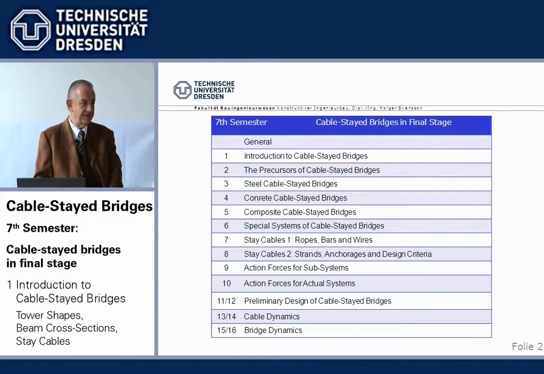In this first semester, we talk about cable-stayed bridges in the final stage, from all aspects, from basic design ideas to some aesthetic guidelines, over an outline of all the structural parts and details and systems.